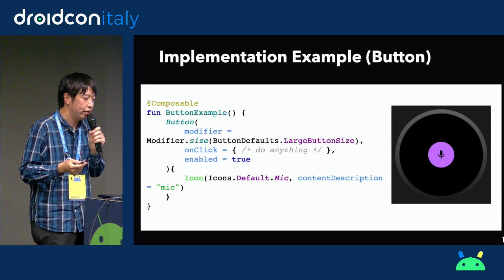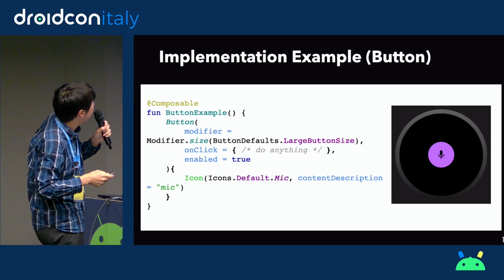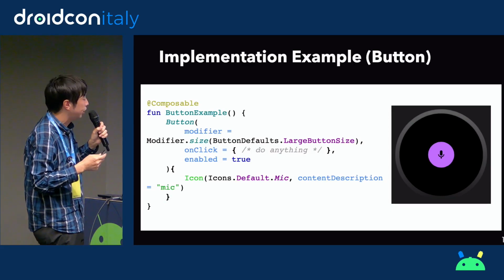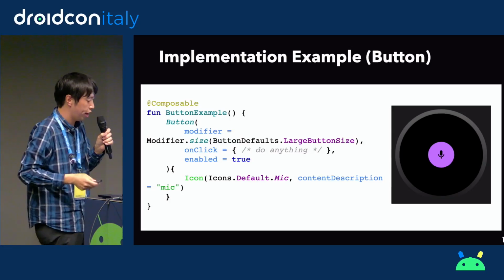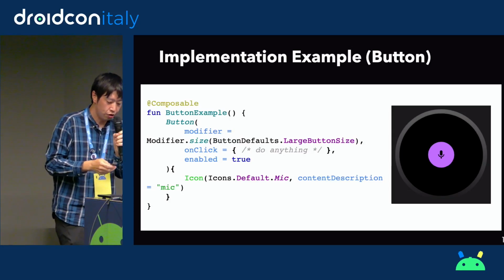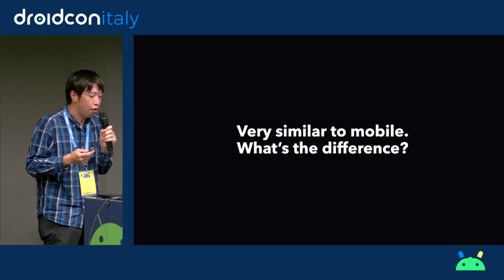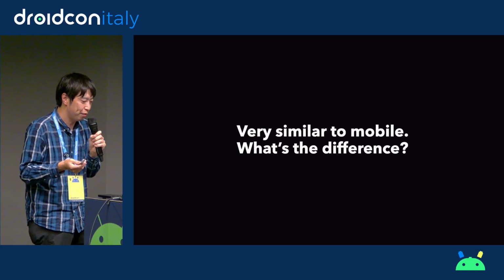Additionally, I add an icon composable like this. This is a microphone icon. I can use this Material Icons library for these Wear OS applications. As you see, it's very similar to a mobile composable.